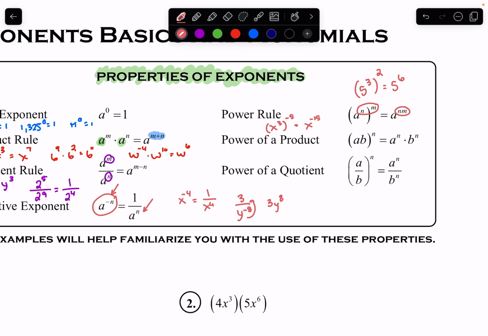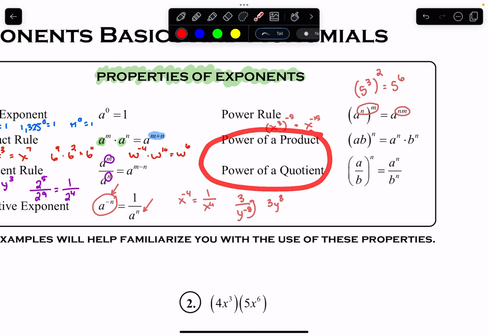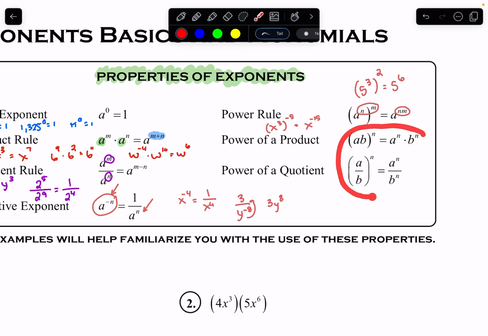Now, the power of a product rule and the power of a quotient rule, these two go together. These two kind of are the same idea. If you have an exponent on the outside of a fraction and all the numbers on the inside are being divided or multiplied.